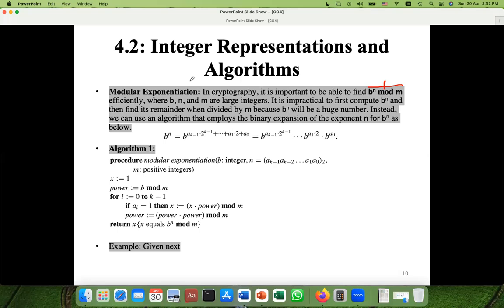So modular exponentiation is used in cryptography, a field in which you normally encrypt something. For example, if you have a message and you don't want it to be read or understood by some person, then you will encrypt, or encode, your message and send it via the internet.